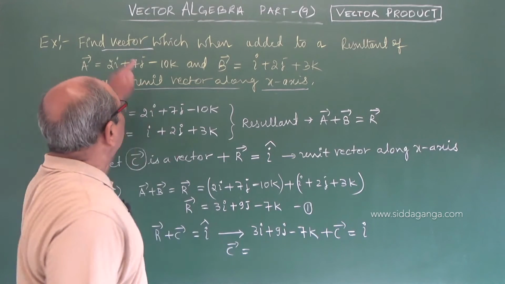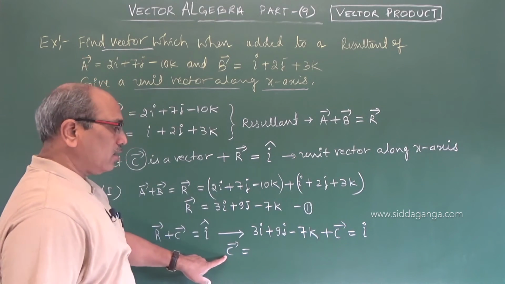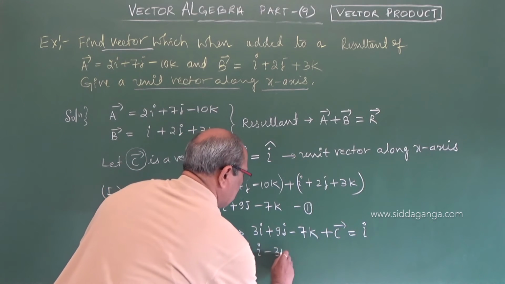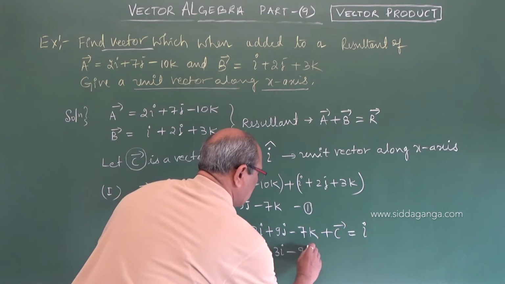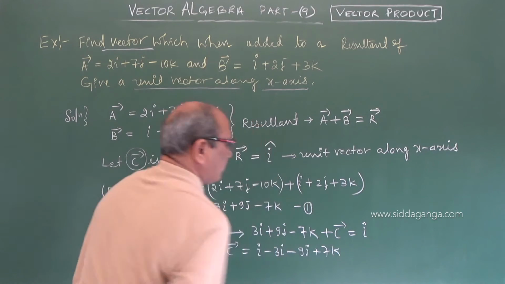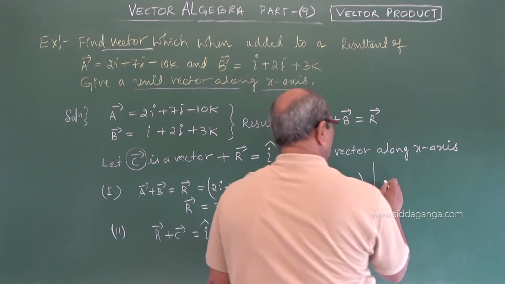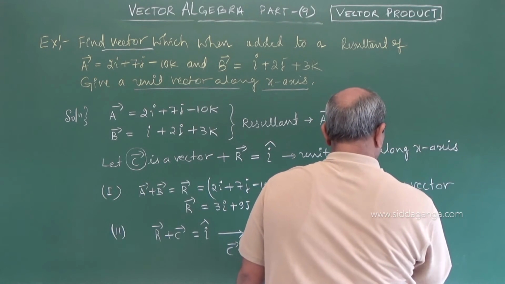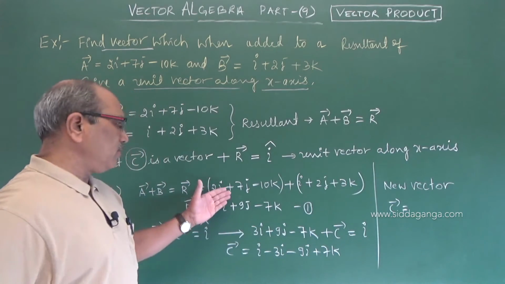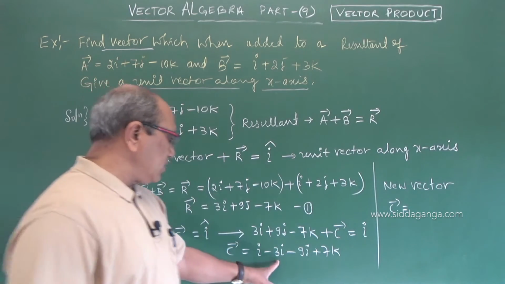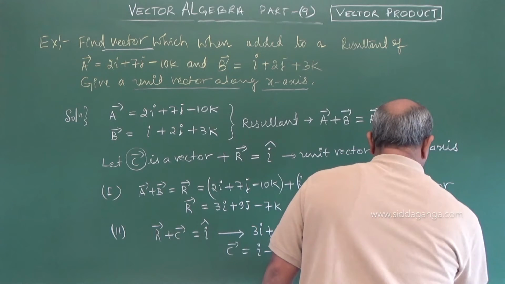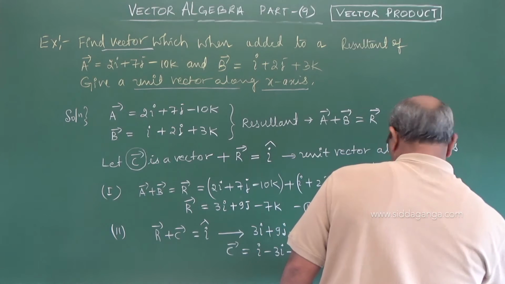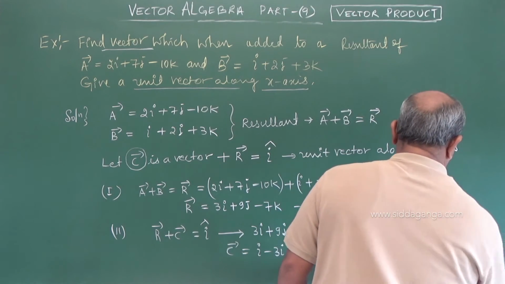Find vector C. Transfer all this to the other side: i minus 3i minus 9j plus 7k. The answer we arrived at directly is i minus 3i is minus 2i, minus 9j plus 7k. This is the answer.